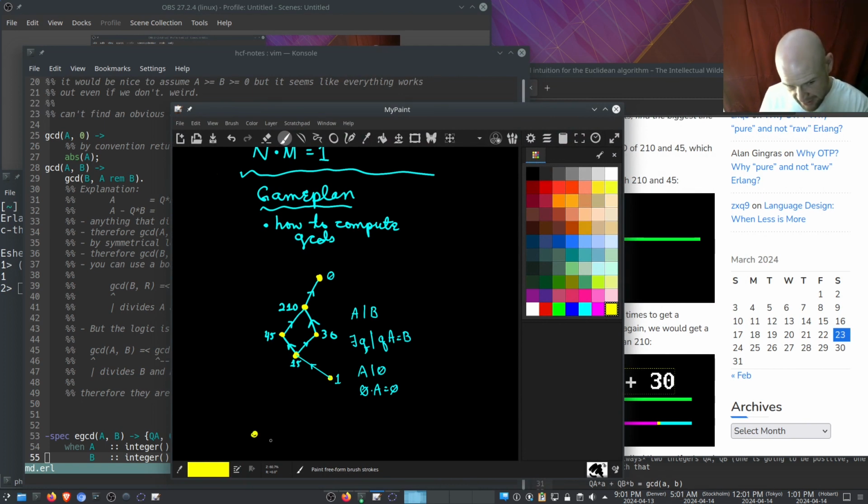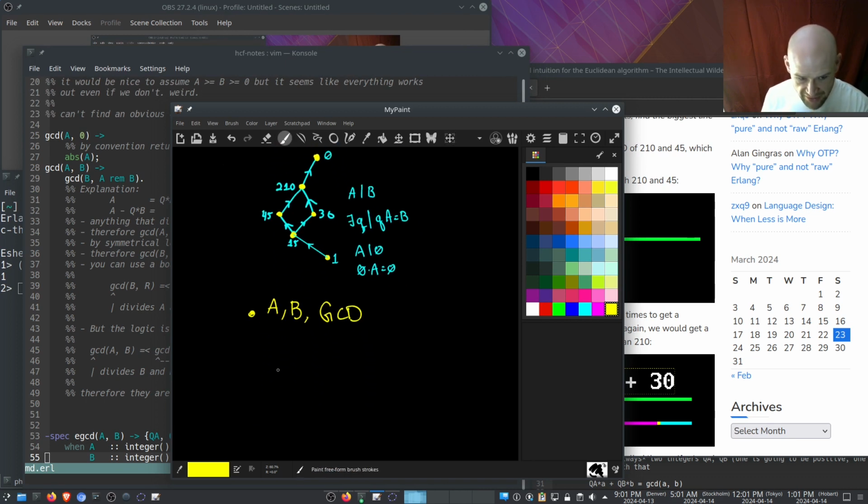But let's suppose we have A and B, and their GCD. It turns out that it's always possible to find coefficients, which I'll call QA and QB, such that QA times A plus QB times B is equal to the GCD.